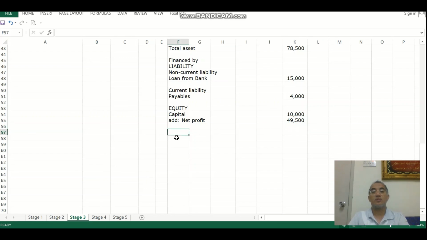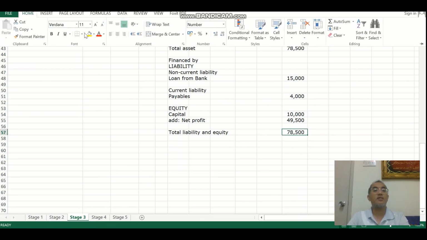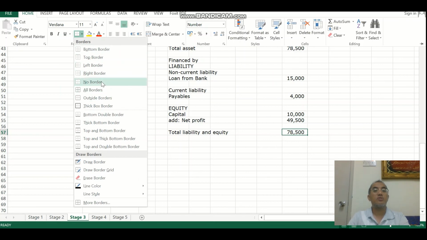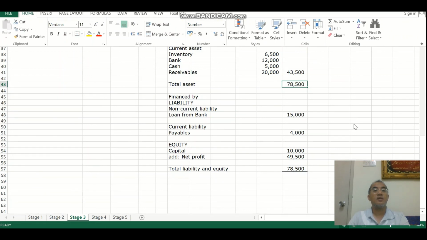Alright, so for the total liability and equity, how much? So just take all those together and put it here. So I have 75,500. Is it correct? So what's the border? Okay, 70,000. Okay, yes. There we have it, it is balanced.